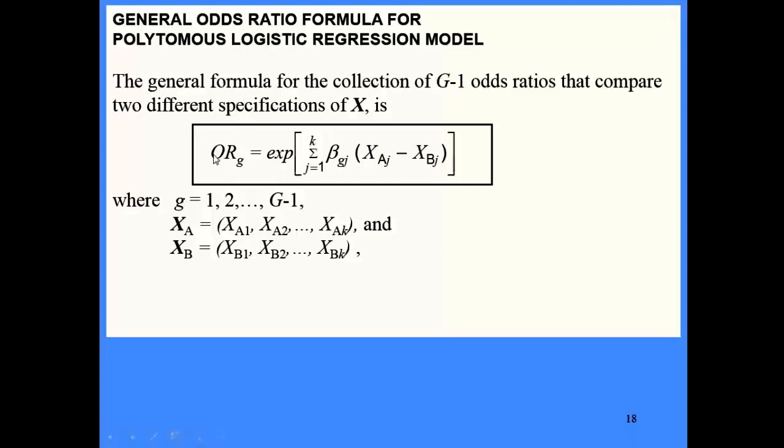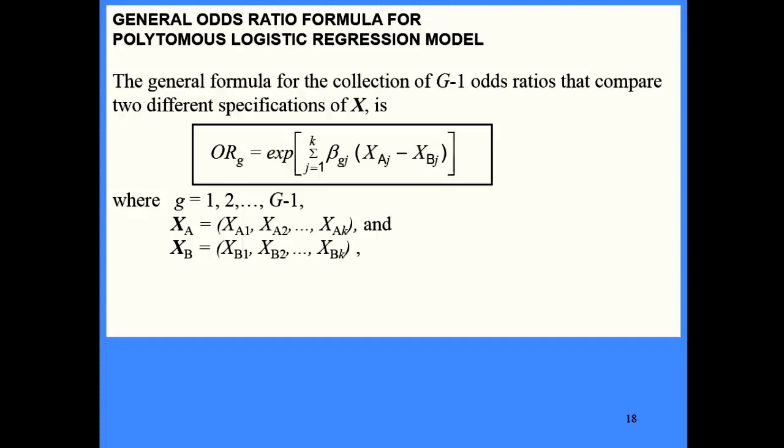Now, if you think about it a little bit, you notice that this part of the formula says x_aj minus x_bj. And the j is the jth x, whatever the x's are in the model. And A and B have to do with the 2, if you're going to get an odds ratio, what do you have to do? You have to compare, remember x star versus x? You have to compare person x star versus x.